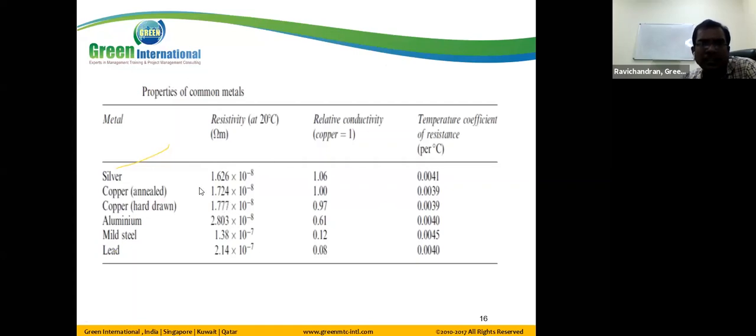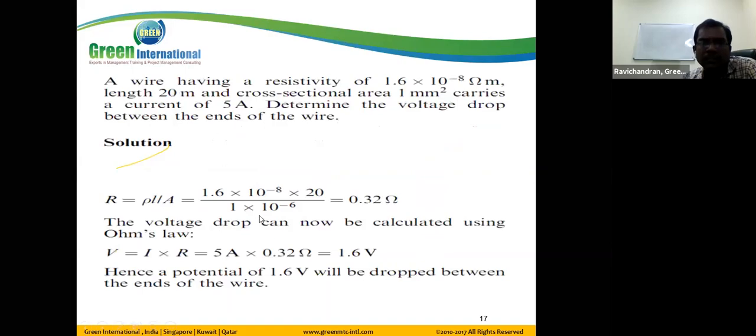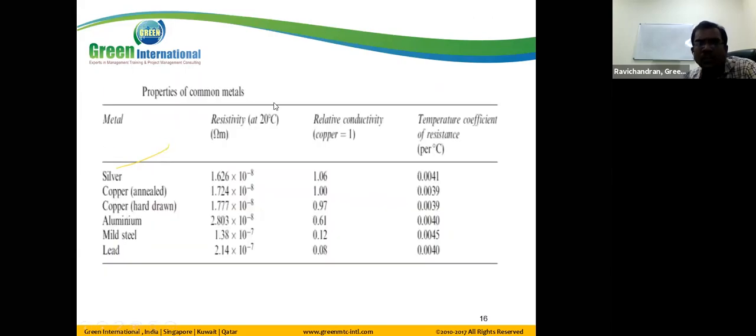Just a minute. So there is no need to memorize this resistivity value. In the question paper, they will mention that value.